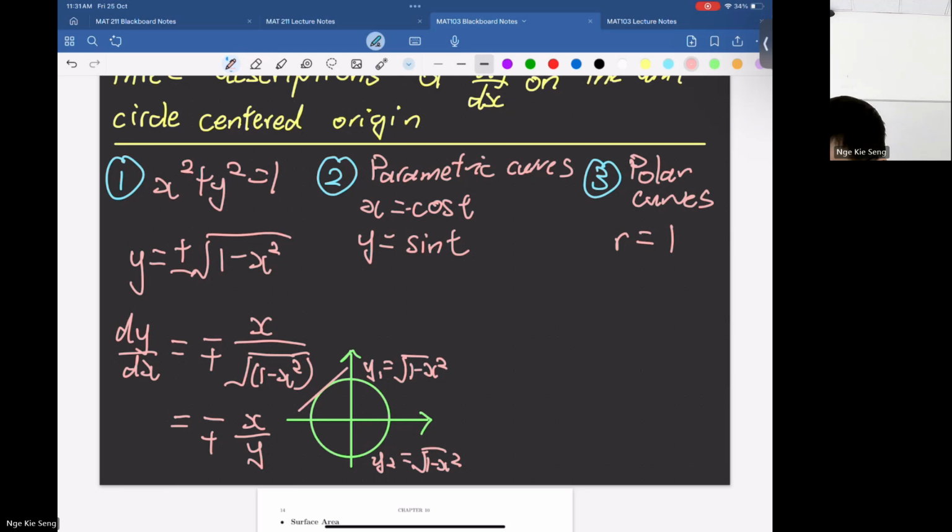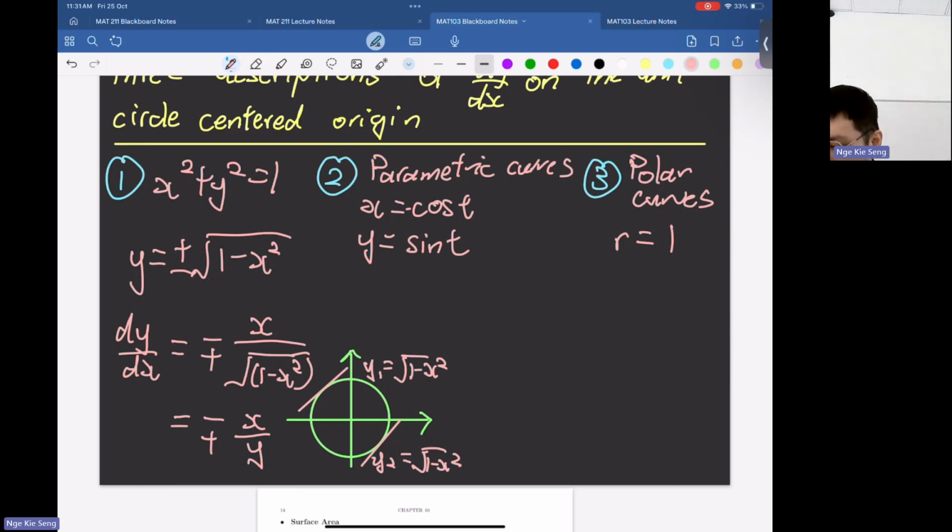The first answer is the dy dx on the top hemisphere, and the second answer is the dy dx on the bottom hemisphere. Semicircle, sorry, not sphere.